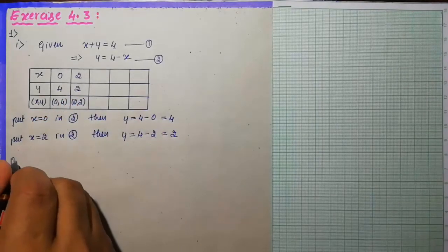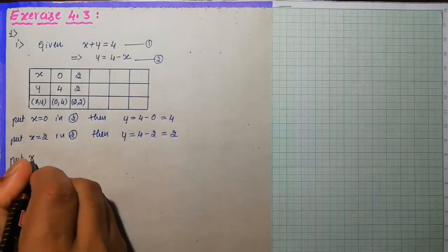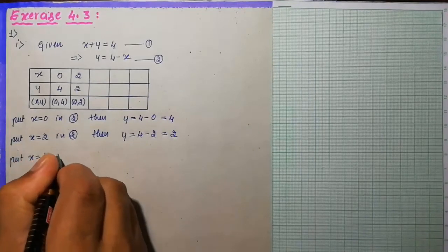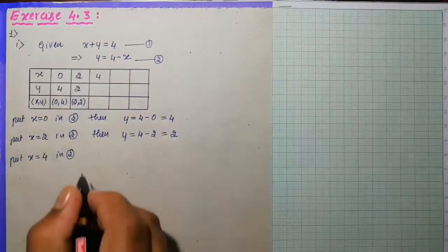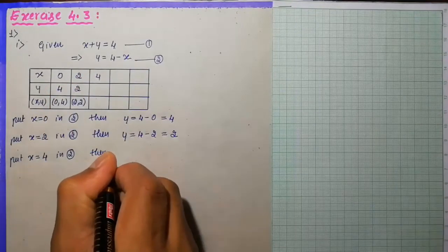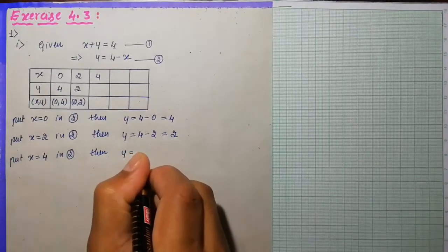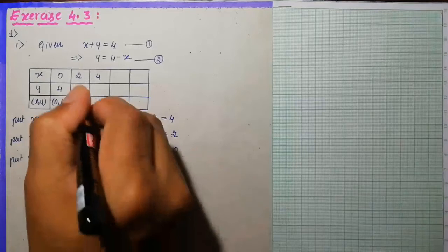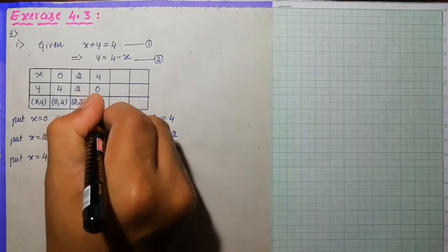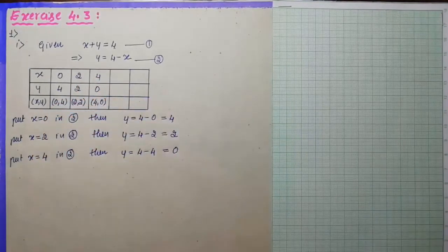Once again I'm going to put one more number. Put x is equal to 4 in 2. Then y is equal to 4 minus 4, which is 0. So for 4 it will become 0, therefore the required point is 4 comma 0.